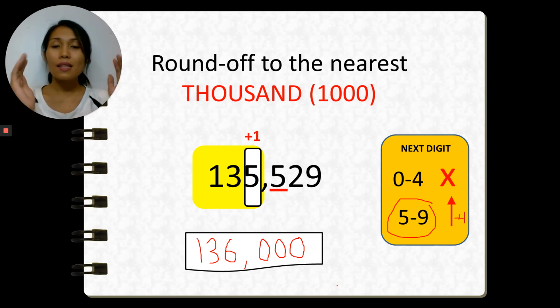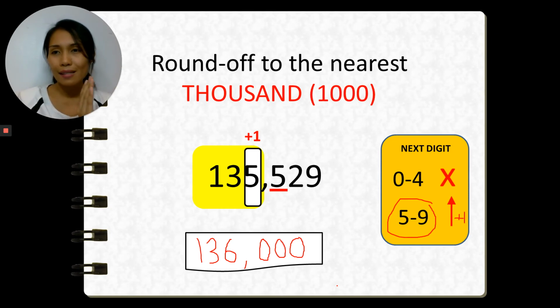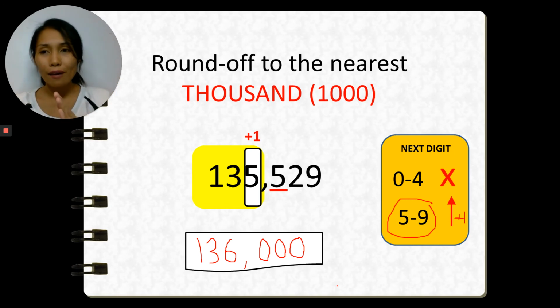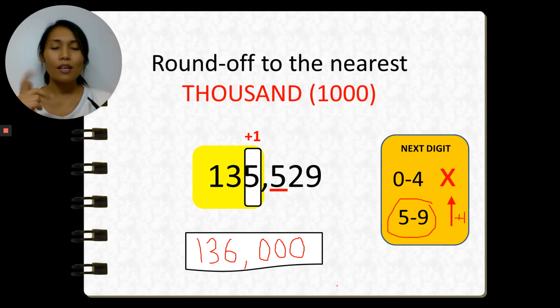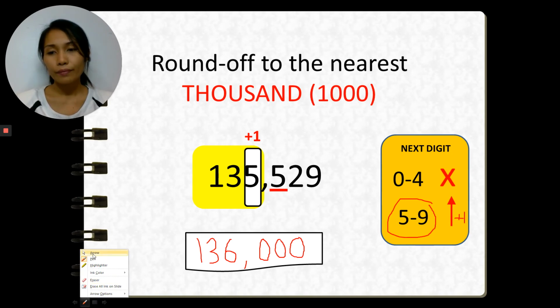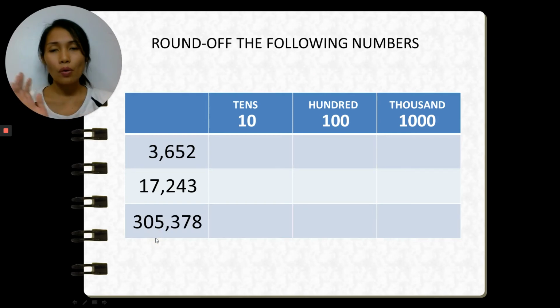That means this number is closer to 136,000 than 135,000. Okay, so that's the rules, and that's the way of rounding off numbers, rounding up or rounding down.